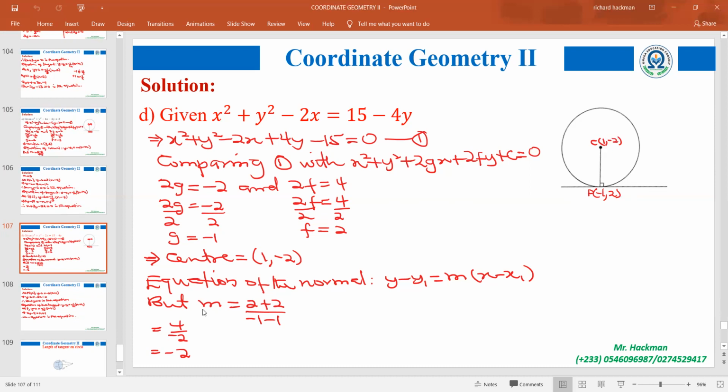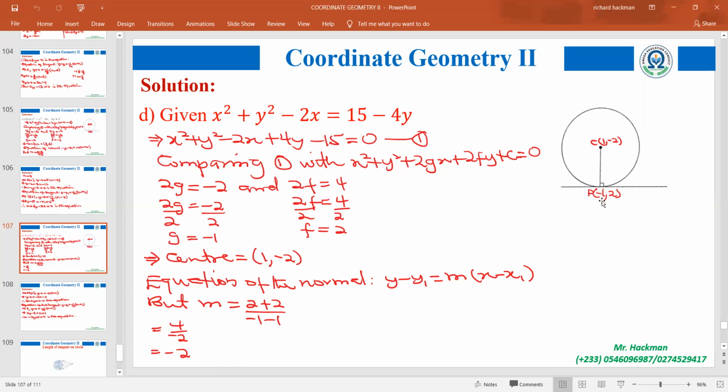So m will be change in y over change in x. I decided to take this as my x1, y1, so my center coordinates will be the x1, y1, and the point of intersection of the tangent and the circle is what I am taking as my x2, y2. So it will be change in y: y2, which is 2, minus y1, minus 2, so it will be 2 plus 2.